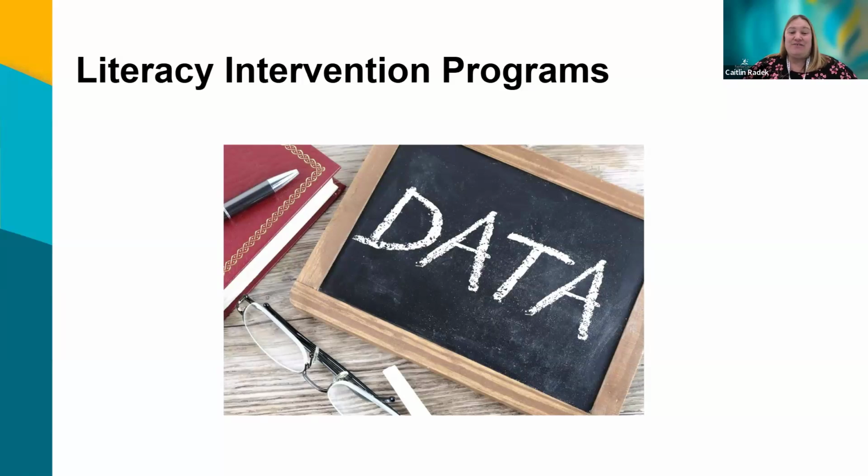This process includes a review of relevant IEP information, as well as baseline assessment data, in order to identify the areas of strength and need for each student. Then, based on that information, our staff members, our teachers and IAs and paraprofessionals, are trained as needed in these different programs and can begin implementing appropriate literacy intervention programs.